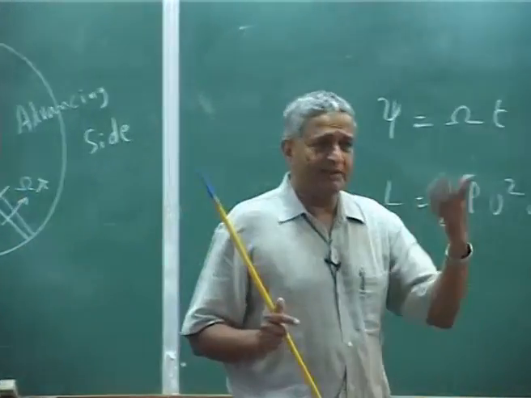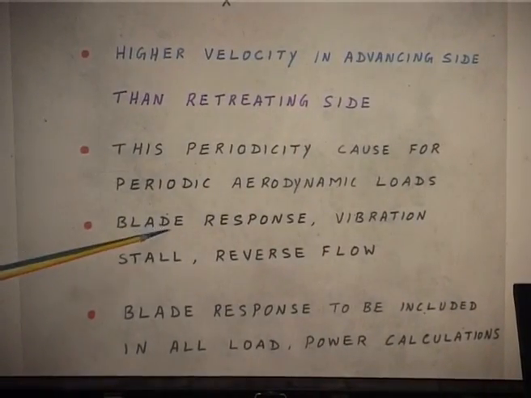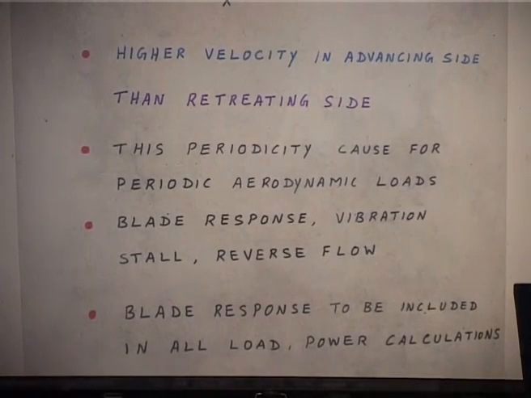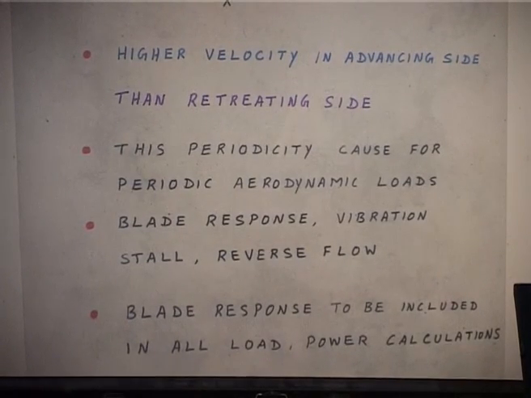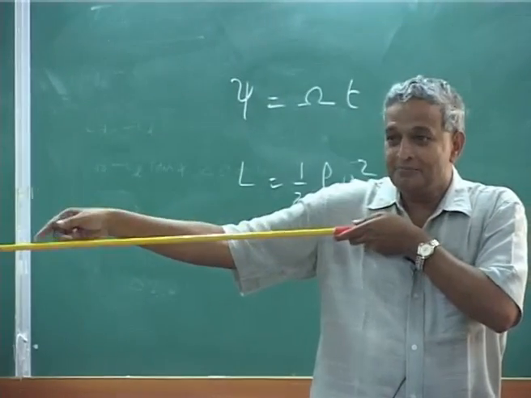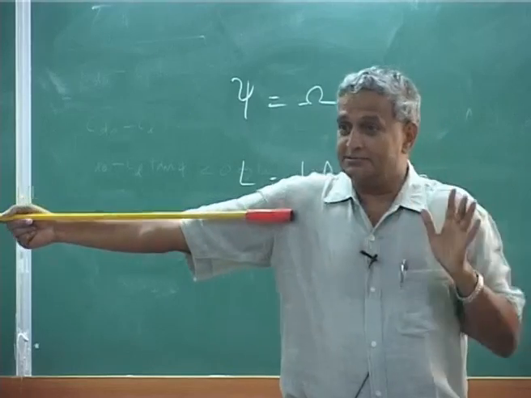Harmonic means time varying. The moment you have time varying, what are you going to have? The blade is going to respond, the blade is going to vibrate. Now, blade response you cannot neglect in forward flight. You can't say my rotor is rigid; I may oscillate my load, but my blade is not going to respond at all.